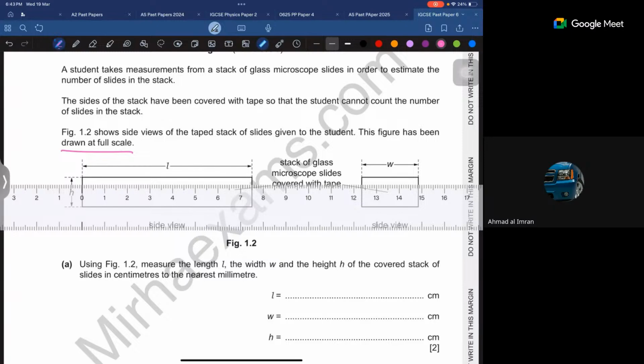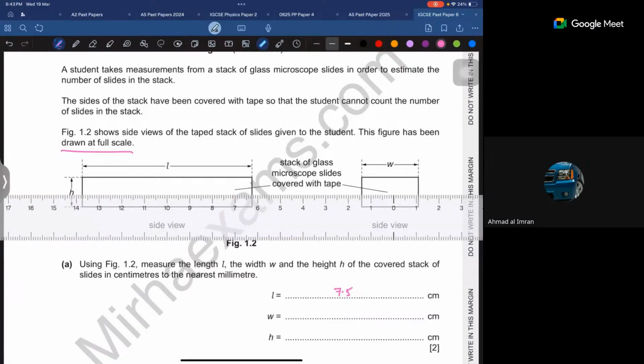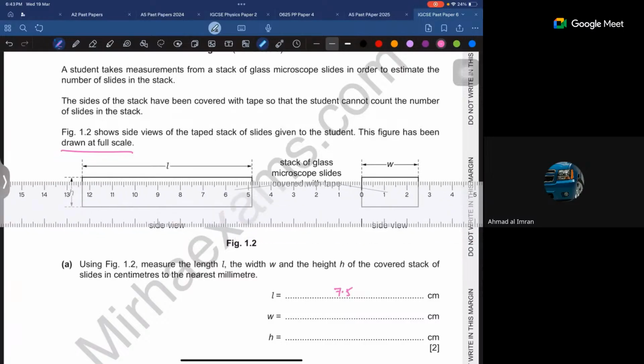Right now it gives me 7.5, which is the length. And then for the width, it kind of gives me 2.5.